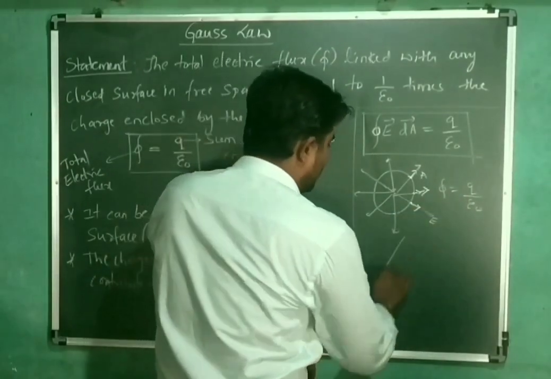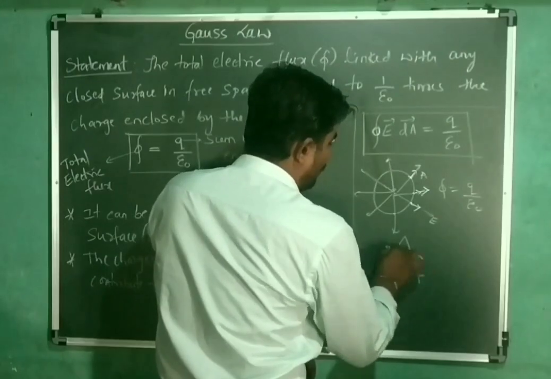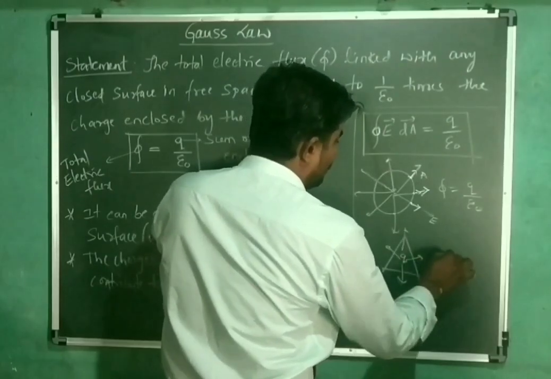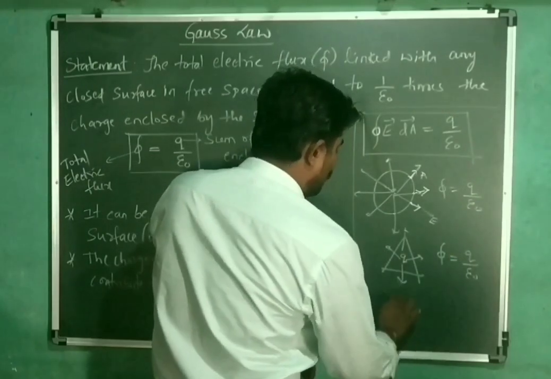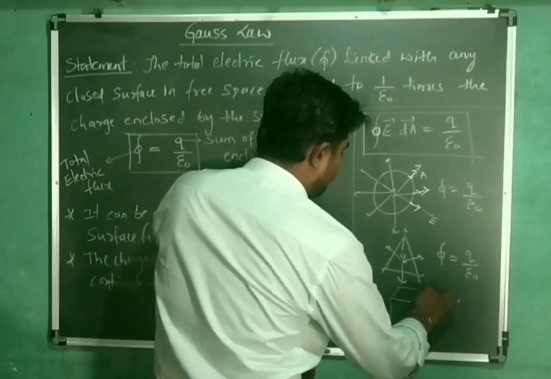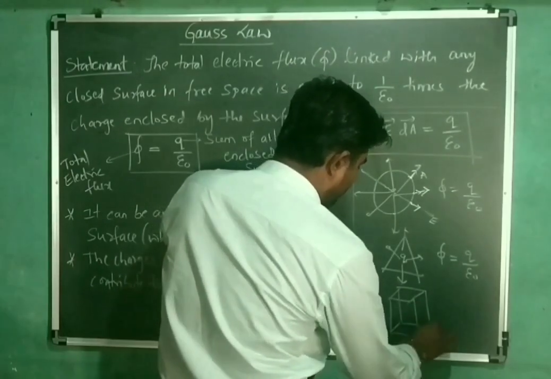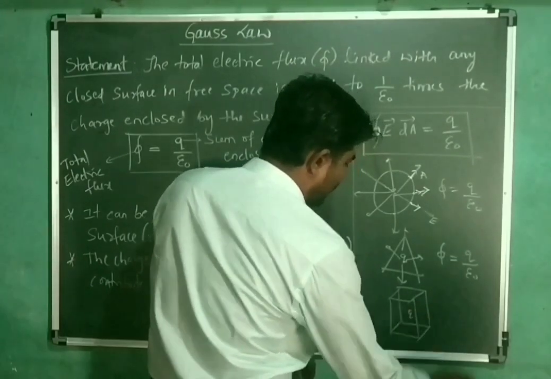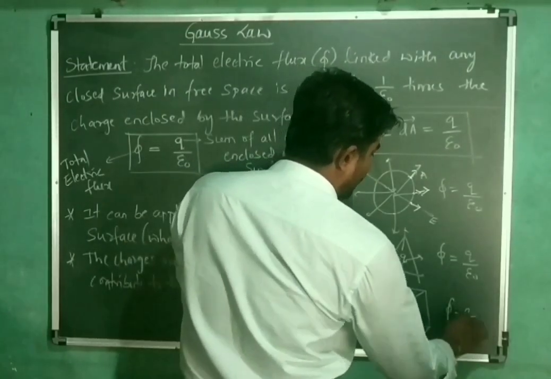If I consider a triangle and I place a charge here, then the total flux linked is going to be pi is equal to q divided by epsilon. Or if I consider a cube, and if I place a single charge, then the flux linked is going to be pi is equal to q divided by epsilon.